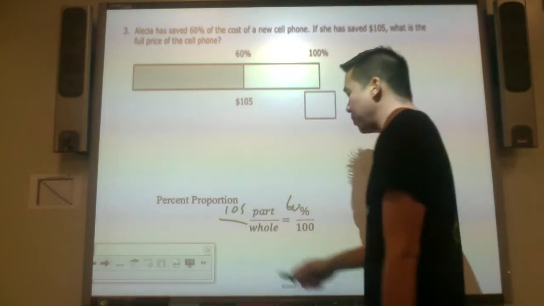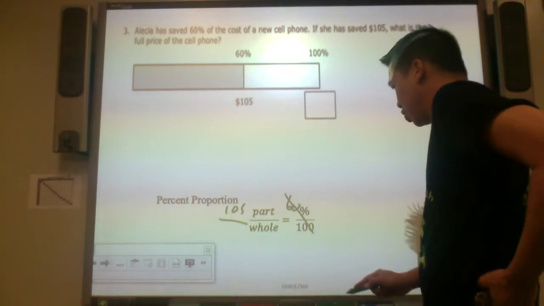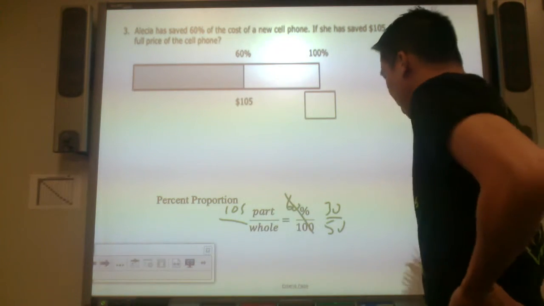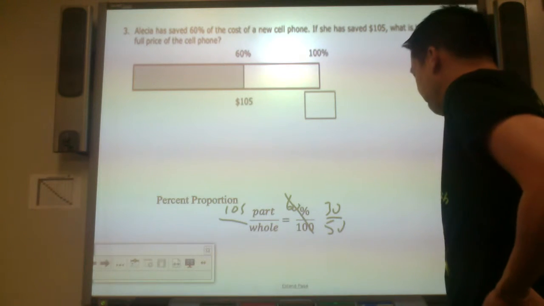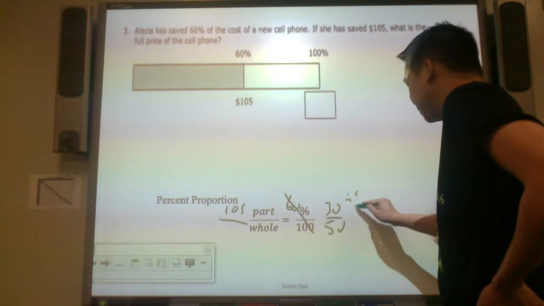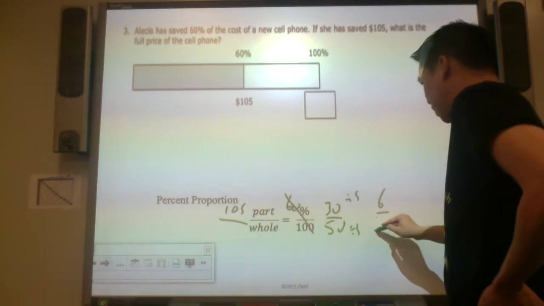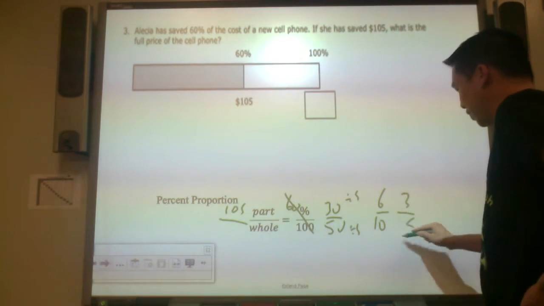So can 60 be built up to 105? No, we're going to have to simplify this. I divide by 2, so I get 30 over 50. Can it go into 105? No, I have to break it down again. I divide by 5, or I can divide by 10. That's 6 over 10. And I can break it down again, I get 3/5.